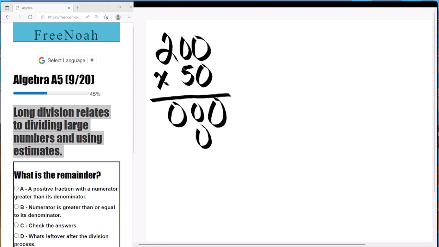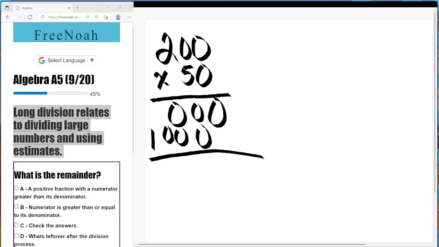Now let's evaluate the 5 here, right? 0 times 5. How much is that? Well, that's a 0. We just put it right there. All right. How about 0 times 5? Once again, that's another 0. That explains this 0. And how about 2 times 5? Well, that's going to give us 10. And so we're going to go ahead and place 10 right here, right?